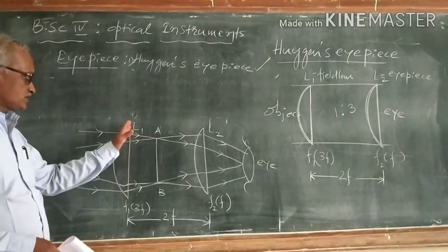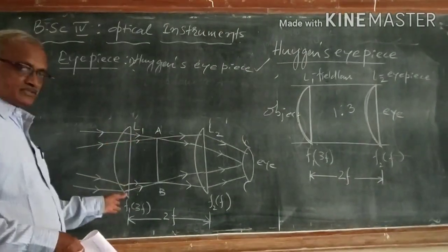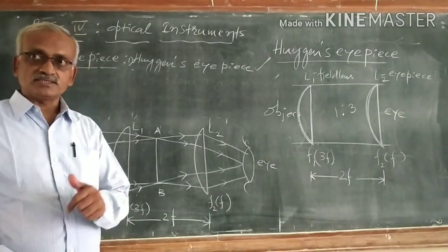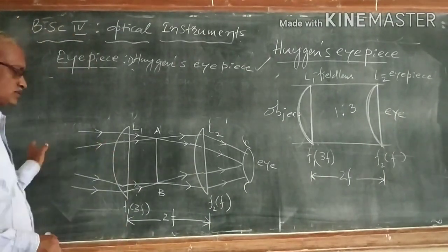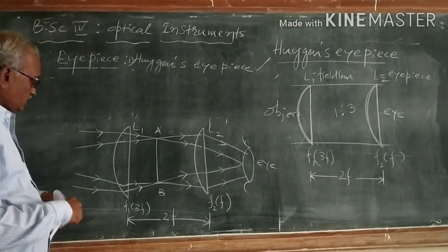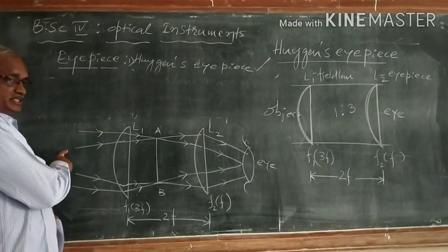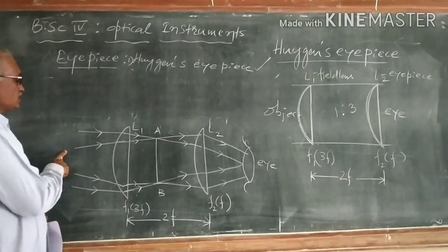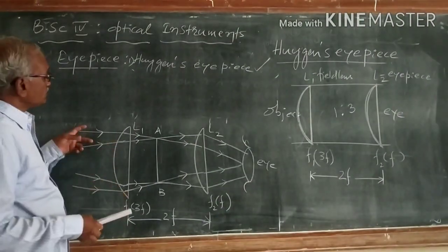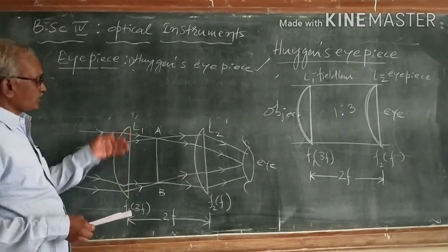This is the plano-convex lens, and as I told you, the convex surfaces are facing towards the object. See here, these rays are coming from the distant object. If you see the figure, they are incident in 2 parts, part 1 and part 2.